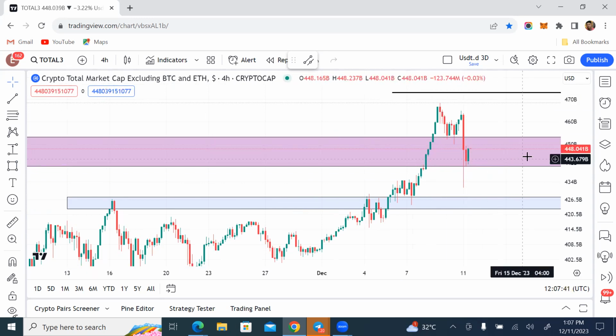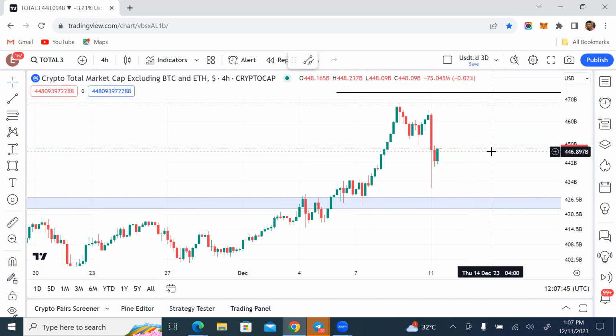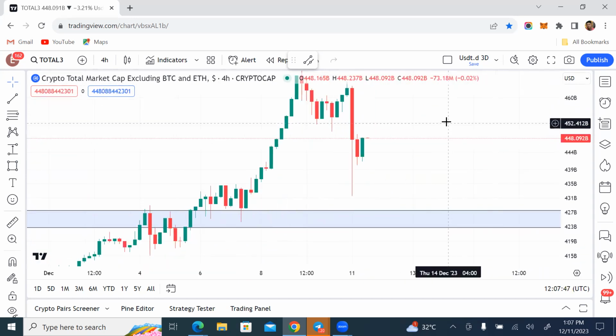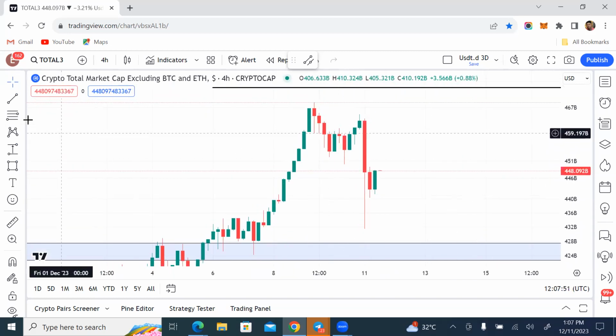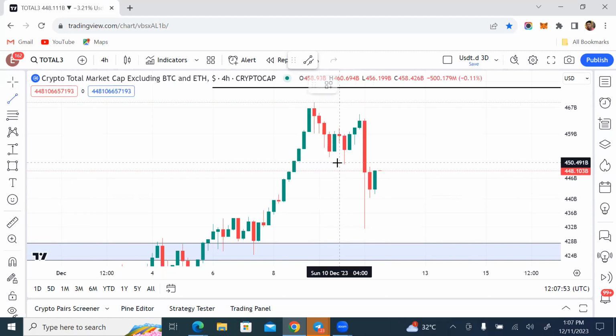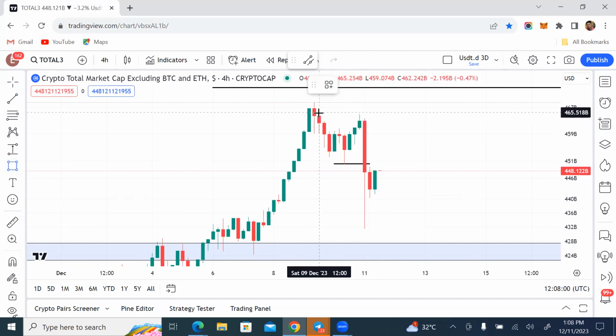But if we look at this structure right now, you can see we already made the change of character. Our order block is practically going to be somewhere around here.